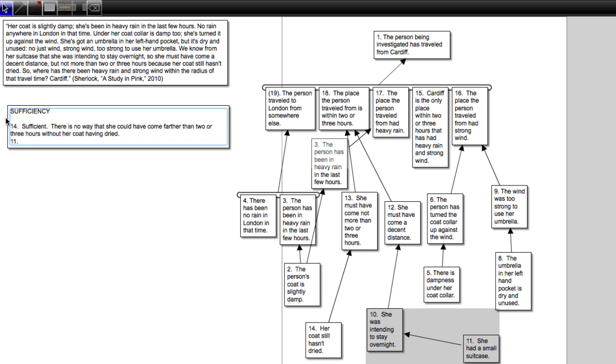Let's go to 11. She had a small suitcase, therefore she's intending to stay overnight. Is that sufficient? It's certainly relevant, as I probably established in the last step, but is it sufficient? I'm not entirely sure. She may be a very efficient packer. She may be going to a place where she's intending to buy clothes. I'm going to say that's insufficient.